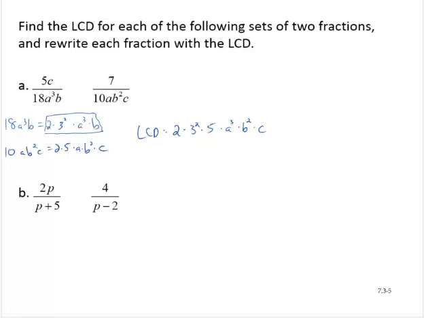What's missing? A 5 is missing. We have the a cubed. We have one b. I need another b to make it b squared, and I need a c. And if I multiply by that quantity in the denominator, I have to multiply by that same quantity in the numerator.